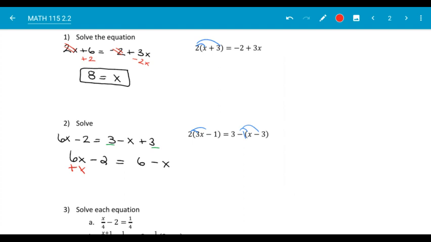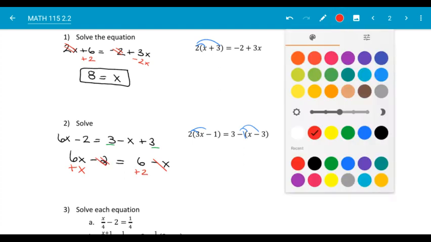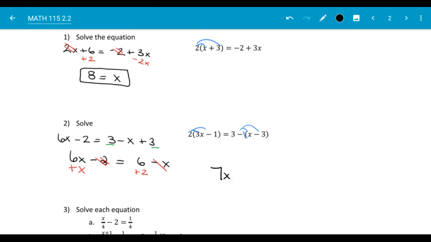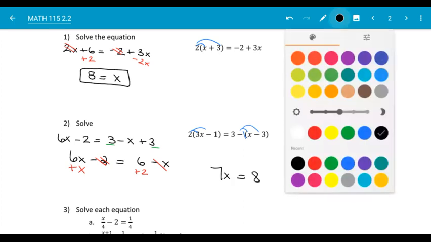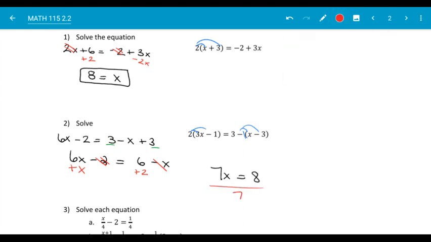So we could add the x to both sides and add the 2 to both sides. That would put me at 7x equals 8. Divide both sides by 7, and we would end up at x equals 8 over 7 for our solution there.